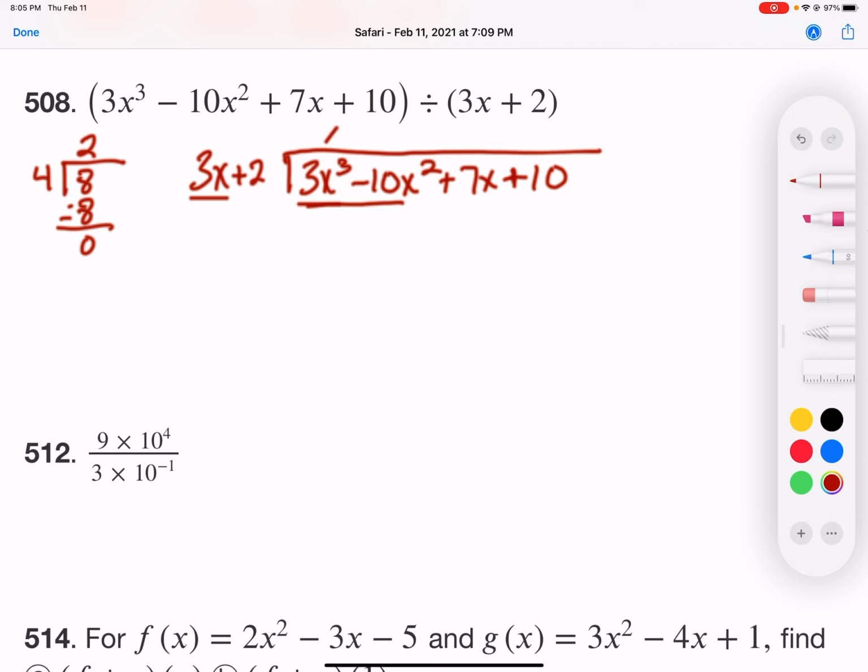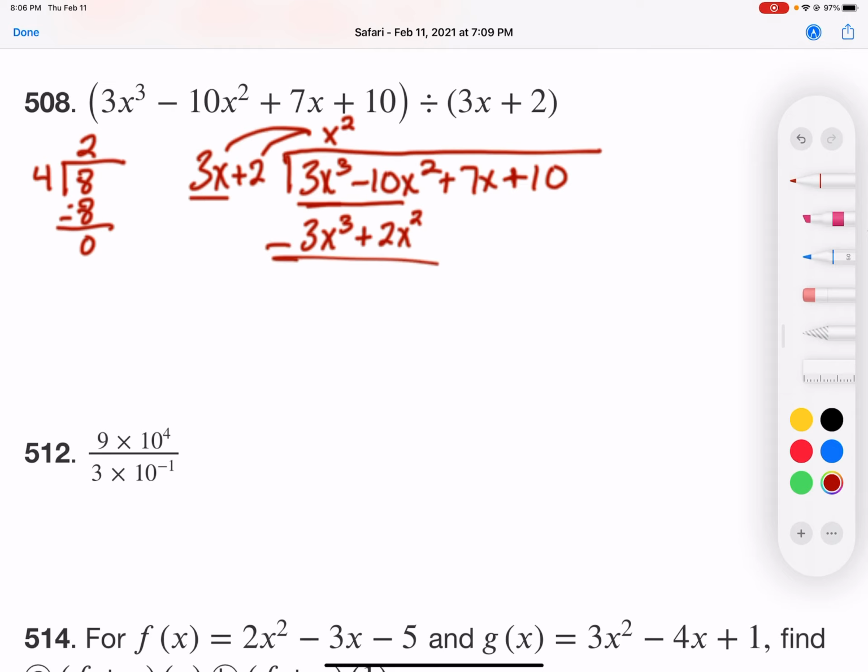In this case, we're going to need to multiply it by x squared, and then we're going to essentially distribute that through and then subtract to get the difference. So that's going to give us 3x cubed, and x squared times positive 2 is going to give us plus 2x squared. So now what we can do is subtract that.